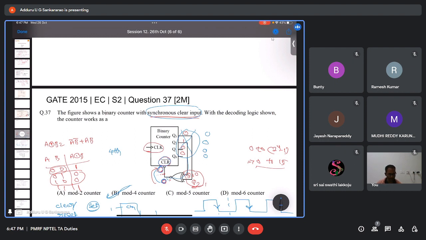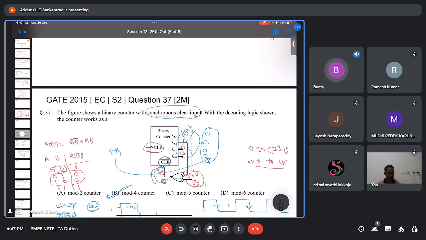Their meaning is that synchronous clear input means with application of the clock the output of the counter will change to 0100, then immediately all the flip flops will be reset, and the state is 000. That means when the fourth clock pulse is applied, we will directly say 000 is the output, not this intermediate one. That is the meaning. But generally for flip flops, the clear or reset input is asynchronous only, irrespective of the clock. Is that okay?